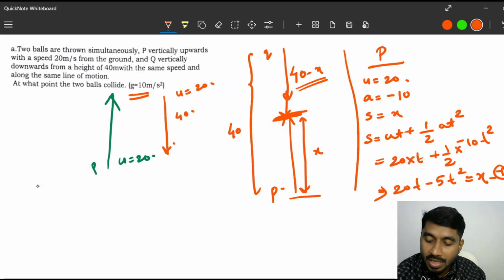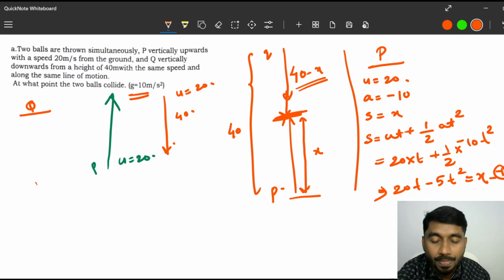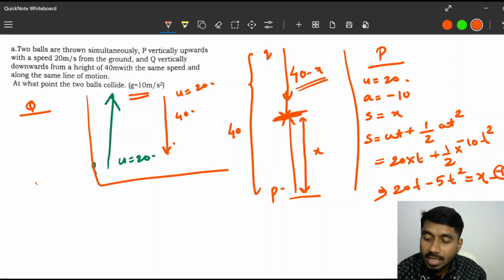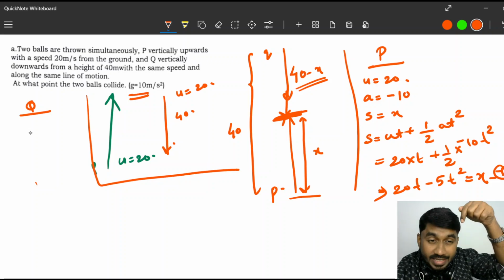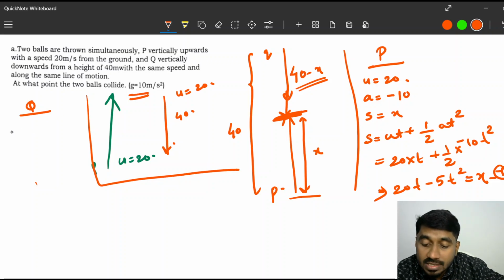Let's take the Q part. What about the equation for the ball which is going down from the top? The distance traveled by this ball is 40 minus x. The initial velocity is 20, so 20t plus half into 10 into t square. Why?